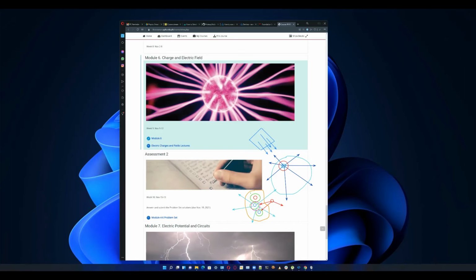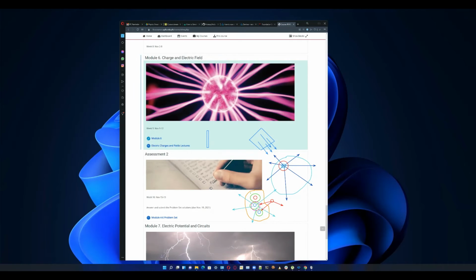So, example, let's say tiningnan ko to sa sideways, no? Looking at the sides, you'll have something like this. Pag ganyan na siya. And then the electric field na nakikita mo crossing the surface would be perpendicular to that surface.